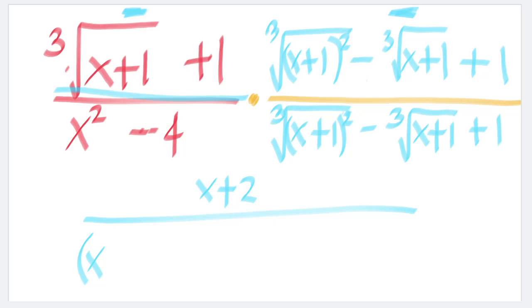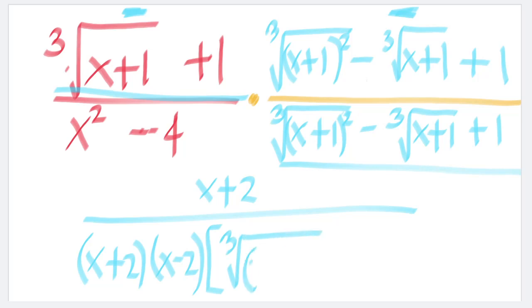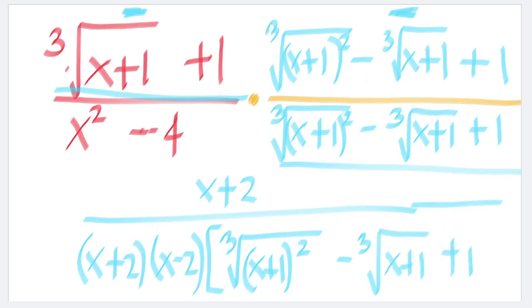That is a difference of two squares, x plus 2 and x minus 2. And of course this term here, cube root of x plus 1 squared minus cube root of x plus 1 plus 1.